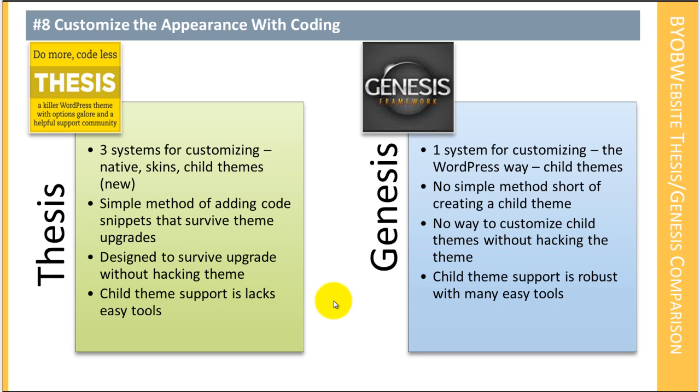So if you want to add footer widgets to your theme, or additional widget areas, or breadcrumbs, or other navigation menus, or some meta boxes, Genesis makes it very easy for you to add those things without a whole lot of complicated programming, because it expects people who are using it to want to create their own child theme, or at least expects people who are going to learn programming to use it that way.